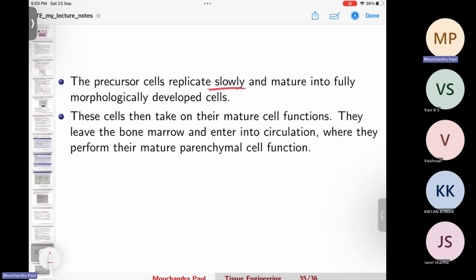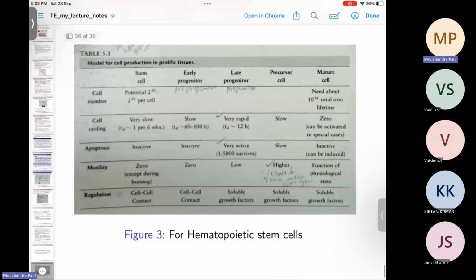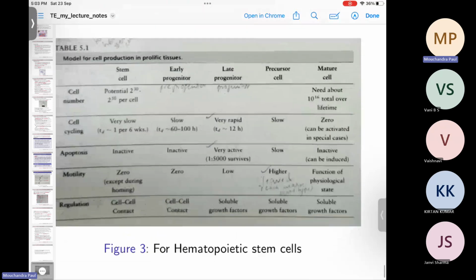Like for the hematopoietic stem cells, the blood cells will be formed, and as soon as they are formed, they leave the bone marrow and enter the blood circulation to perform their intended specialized function. So this table shows you how the cell number varies for each of the stages.